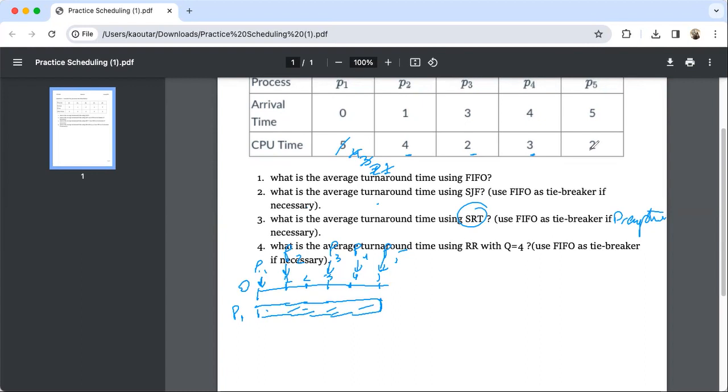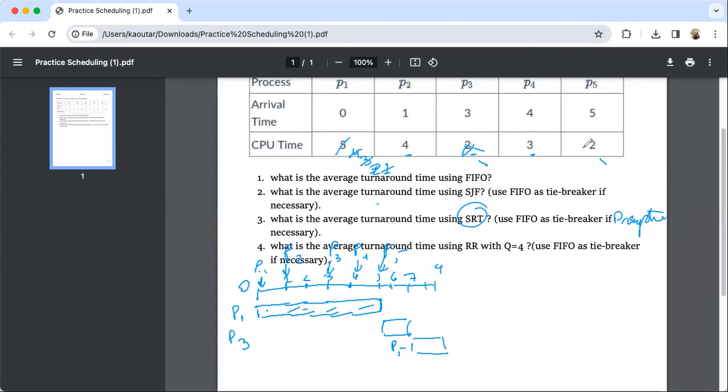So now which one has the shortest remaining time? So obviously P3 and P4. Again, to break the tie, I'm going to use FIFO. So P3 goes next at time 5. Right, this is P3. So it will execute from 5 to 7, right? And then the next one is P5, okay, from 7 to 9, okay?